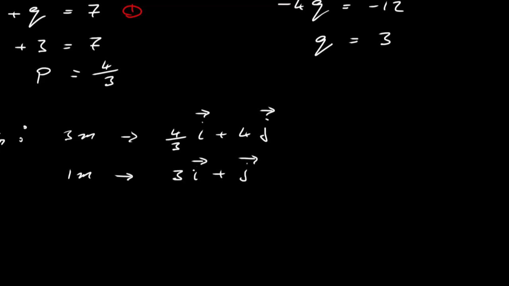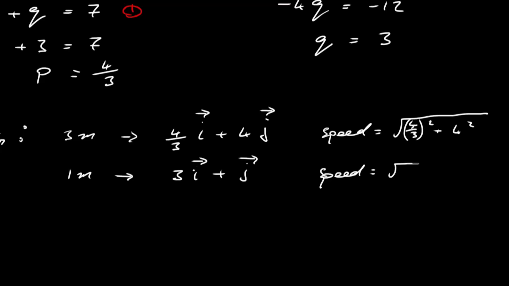Now we will need the speeds as well to work out the kinetic energy. So I'll just do that as well. The speed here is just the square root of (4 over 3) squared plus 4 squared, and the speed here is just the square root of 3 squared plus 1 squared. In this case, we get 4 root 10 over 3, and in this case we just get the square root of 10.